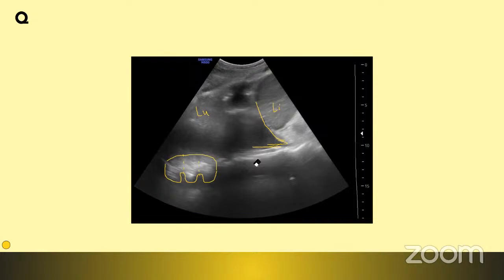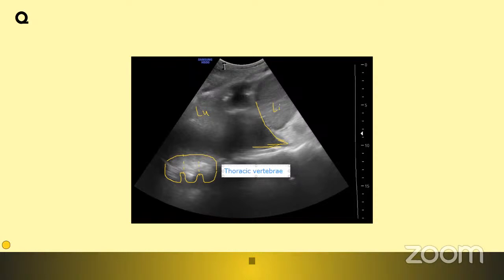Yeah. So let me reveal it. This is vertebral bodies, thoracic vertebrae, right? In normal cases, you won't be able to appreciate the thoracic vertebra clearly because it's much deeper.